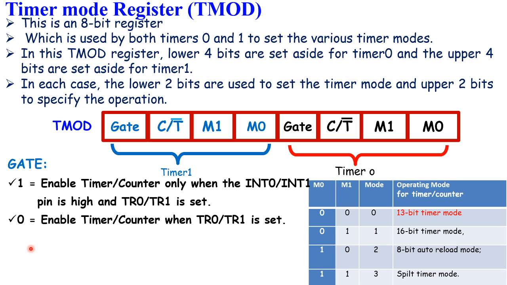When gate is equal to 0, the timer or counter is enabled when TR0 and TR1 is set internally.